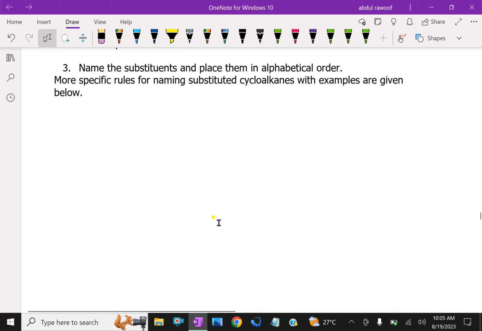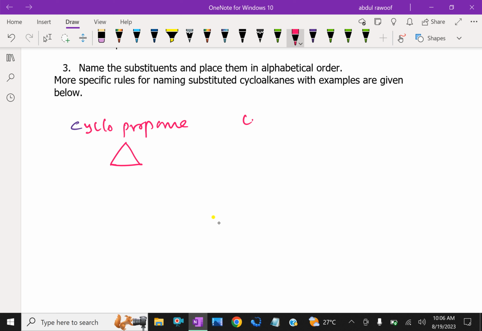Now, first, cyclopropane. Cyclopropane, the parent is a triangle. Cyclobutane, the parent is a square.